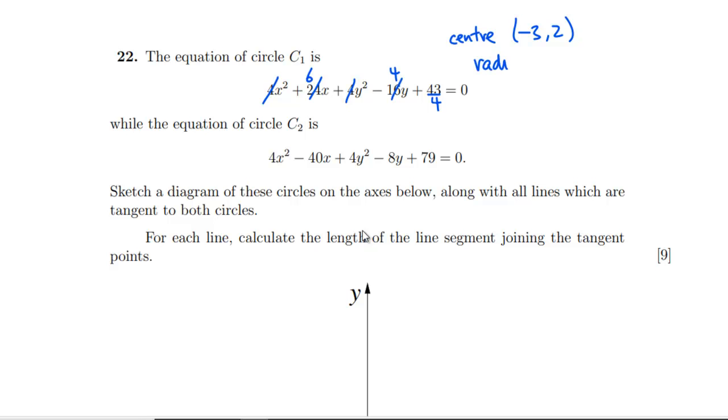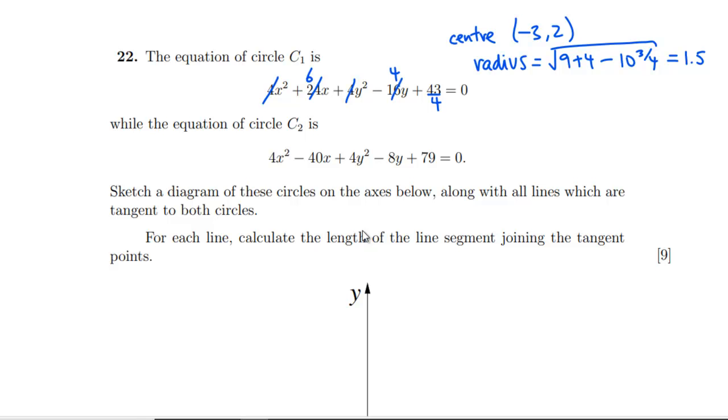And the radius is going to be the square root of 9 plus 4 minus 43 over 4, which is 10 3/4. So that's 13 minus 10 3/4, which is 2 1/4. So the square root of 2 1/4 is 1 1/2. Right, so that wasn't so bad.